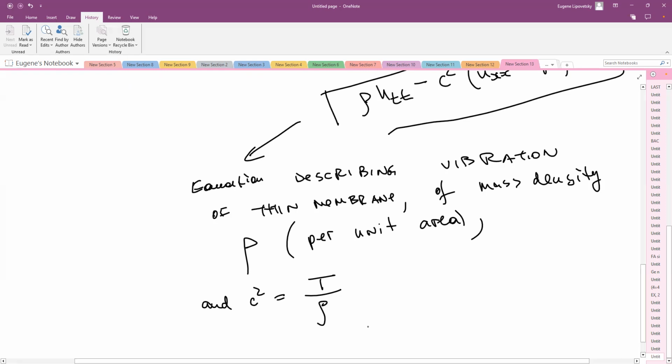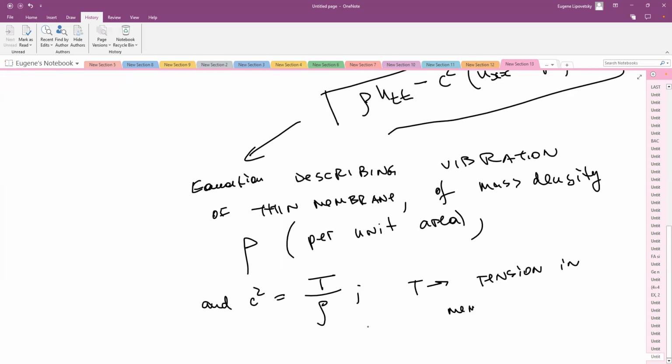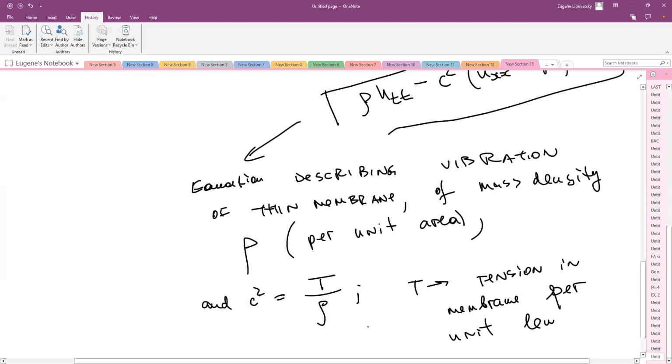I think that's what it is. And T is the tension in the membrane per unit length of perimeter.